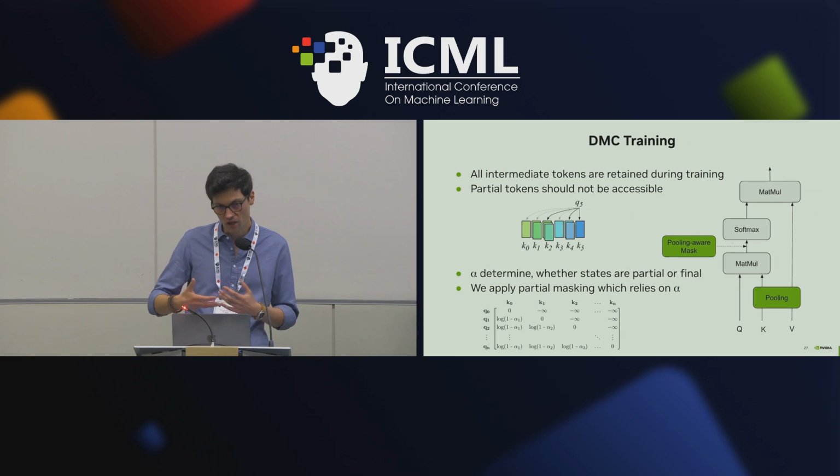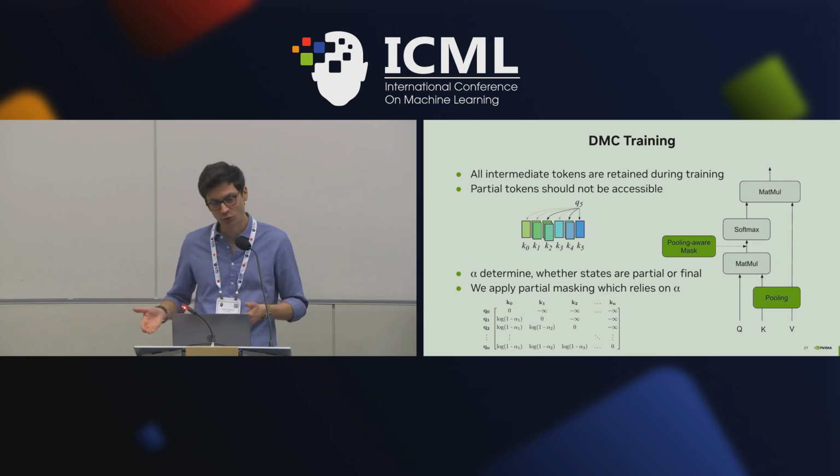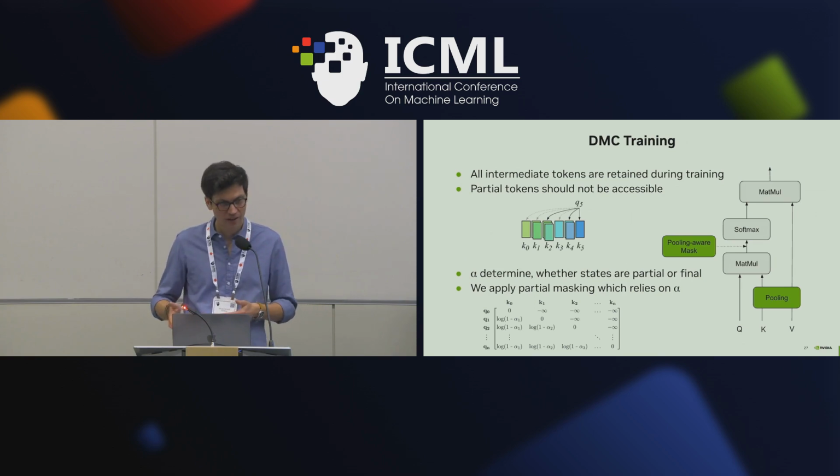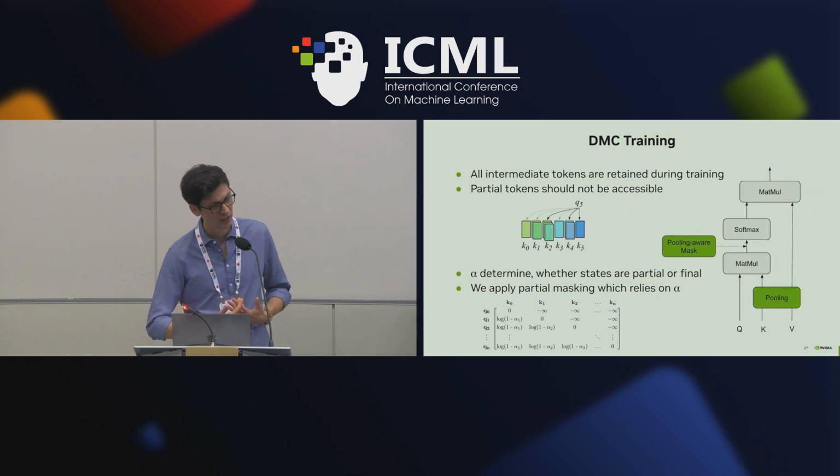So we need to somehow recreate that situation during training, and we do it with a mask for the attention. But because we are in the world where alphas can be fractional from 0 to 1, the mask also uses fractional masking.